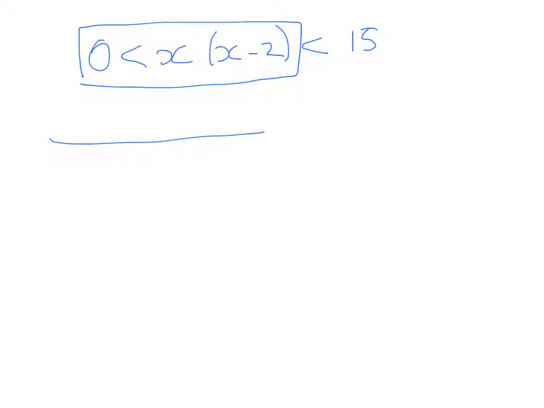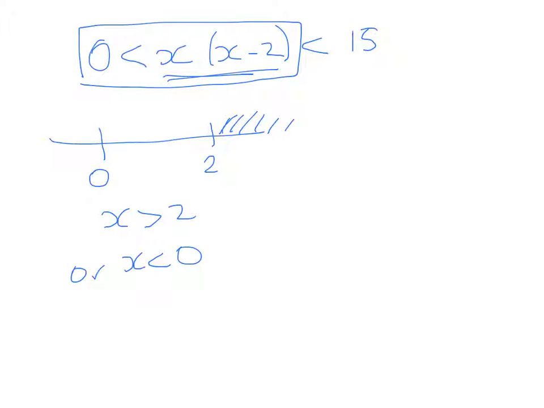So we've got 0 is less than x times x minus 2 is less than 15. So solving this first, we know that the roots of that quadratic are 0 and 2. So when will this be positive? Will be positive up here for x greater than 2 or for x less than 0. Okay, so if I work with this side of the inequation, that's going to tell me from the algebra as well as from common sense that 2 centimetres is the minimum side length.